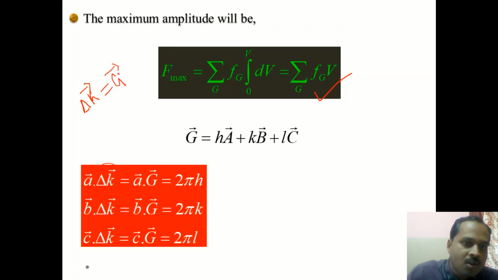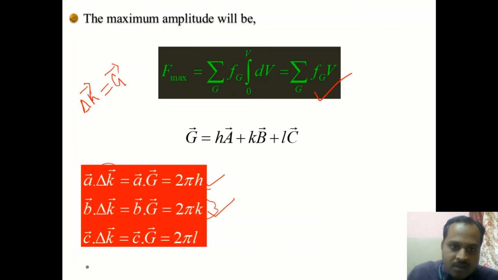So A dot del k will be equal to A dot G, and we know that A dot G is equal to 2 pi h, whereas similarly B dot del k will be equal to B dot G, which will be equal to 2 pi k. Remember, here k is one of the Miller indices. It should not be confused with the wave vector.